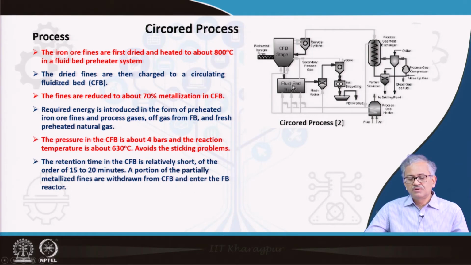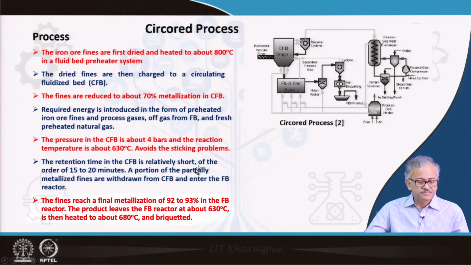As I said, the retention time in the CFB is relatively short, of the order of 15 to 20 minutes. A portion of the partially metallized fines is withdrawn from the CFB and enters the fluid bed reactor. The fines finally reach the metallization of 90 to 93% in the fluid bed reactor, as I said.